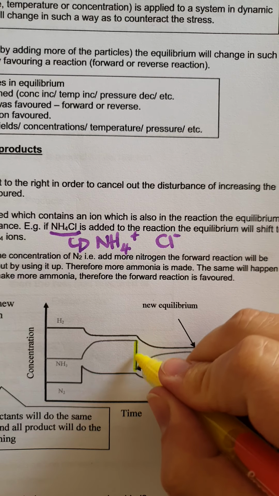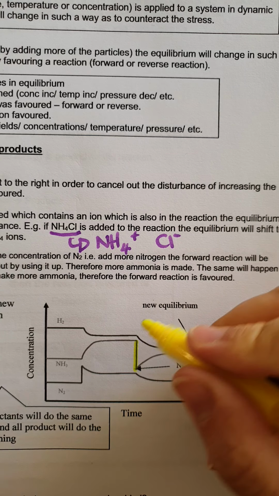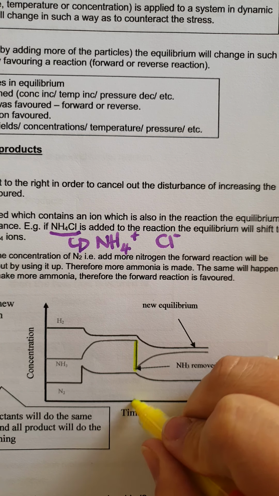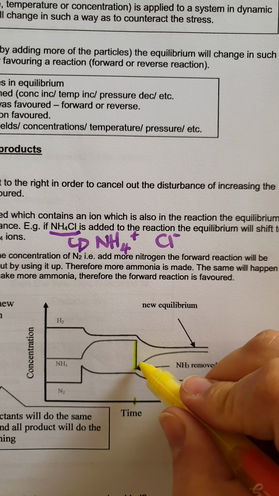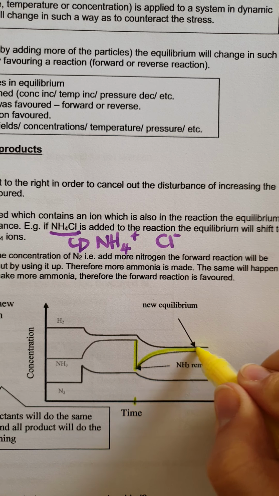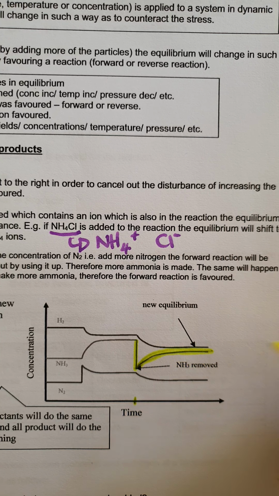Okay, so there's the instantaneous decrease of ammonia, and it's at this time. And what happens? Well, because it decreased, it will start to increase again because the forward reaction is favored, which means it's going to make more product.